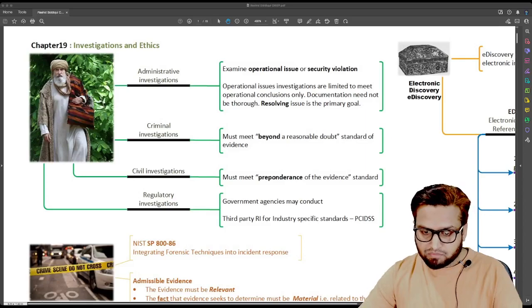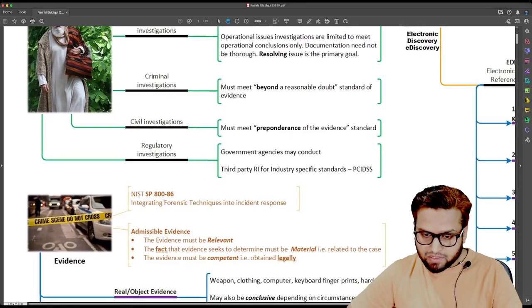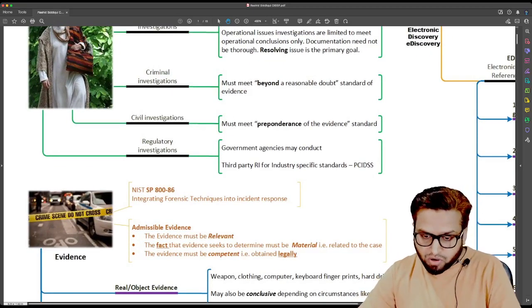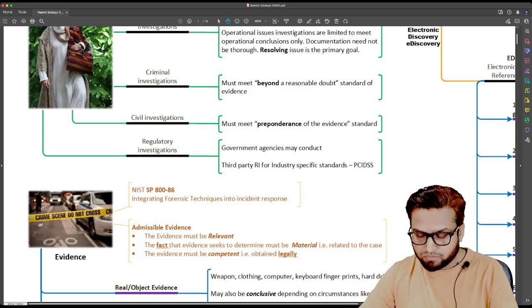Now there is this NIST SP 800-86, a publication which talks about the integration of forensic techniques into incident response.